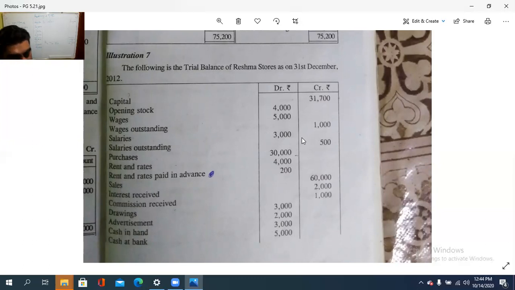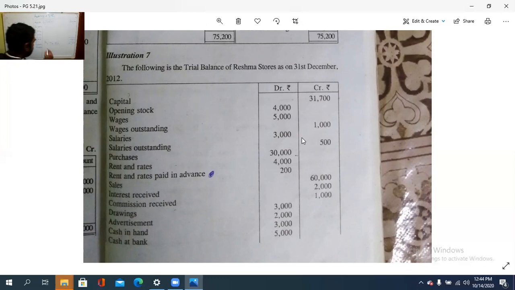Then rent and rates paid in advance is also showing on the asset side because it is paid in advance. If this is coming in the adjustment, it should be treated in two ways. Here it is showing in the trial balance, so only in the balance sheet asset side you need to show it.